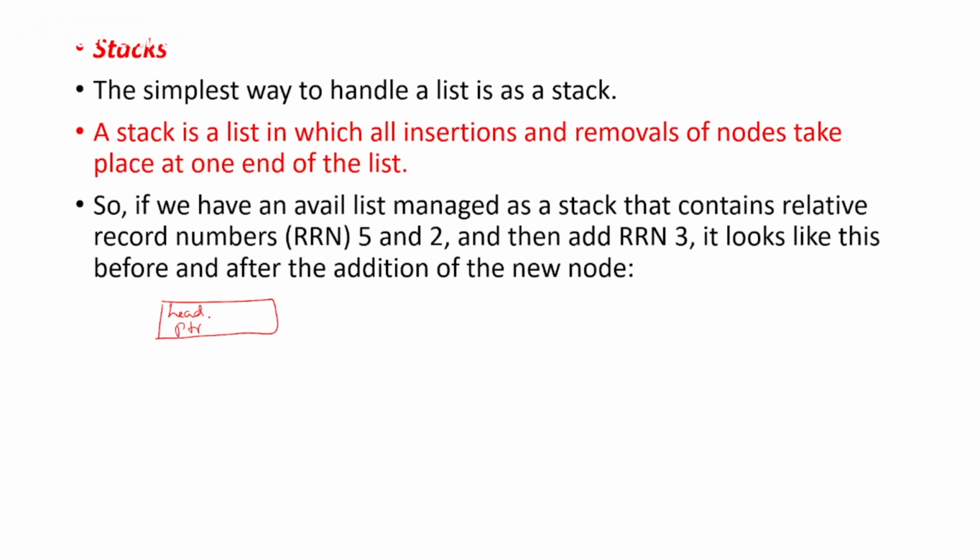The head pointer is pointing to RRN5. Then the next one, as I told, after 5 you have 2 as the next RRN. So here you will be having RRN2.